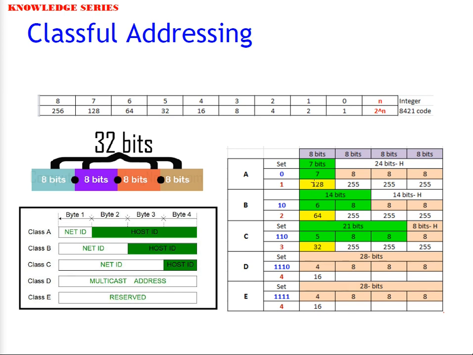Class A 128, class B 64, class C 32, class D 16, and class E 16. So you have to remember like this: 128, 64, 32, 16, and 16. That means here it is 7-bit, 6-bit, 5-bit, 4-bit. Based on that, now we are going to the next slide.